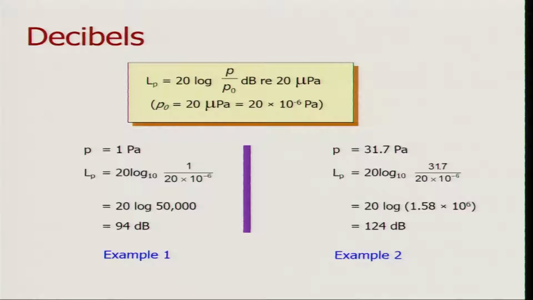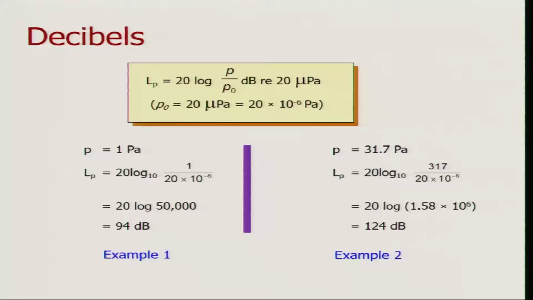So, the theme is how to go about adding decibels. We have defined decibels in three ways, in the context of sound power level, sound intensity level and sound pressure level. The definition you are seeing here is for LP, that is sound pressure level.